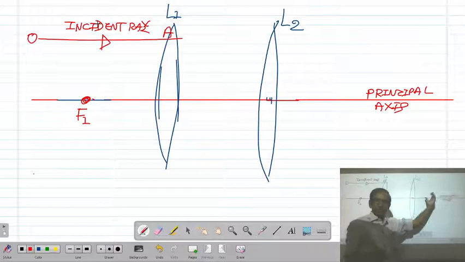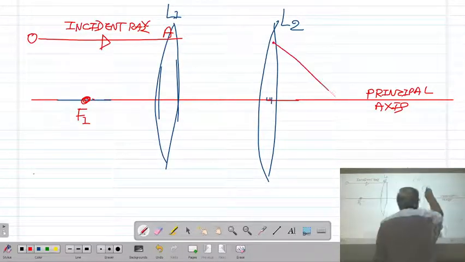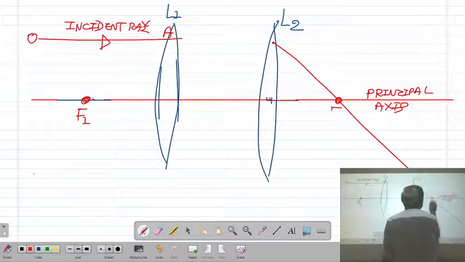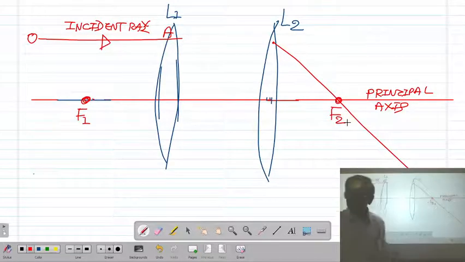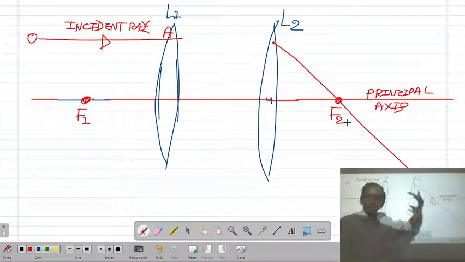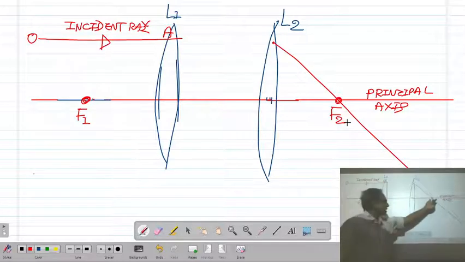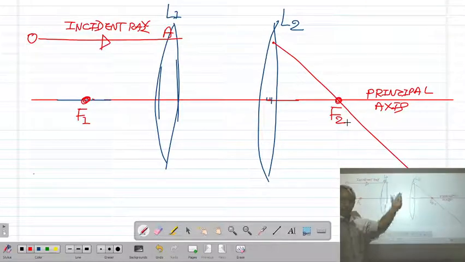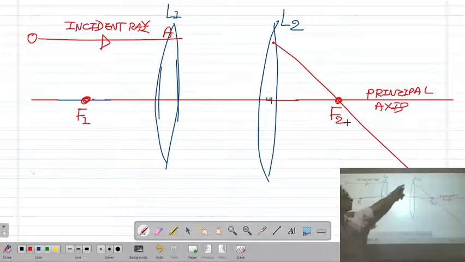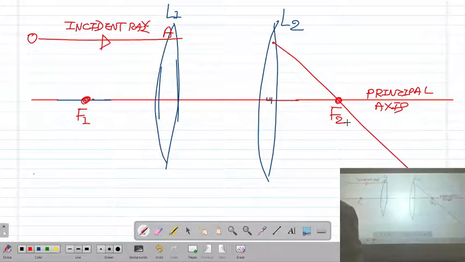It undergoes refraction in the two lens system L1 and L2, and after refraction it will pass through the point F2. This F2 is called the second focal point. So a ray of light traveling parallel to the principal axis of the optical system, after refraction, always passes through the point F2. This F2 is called the second focal point.